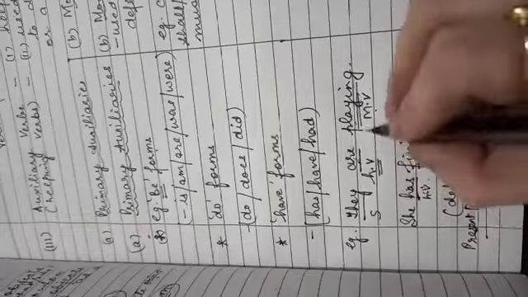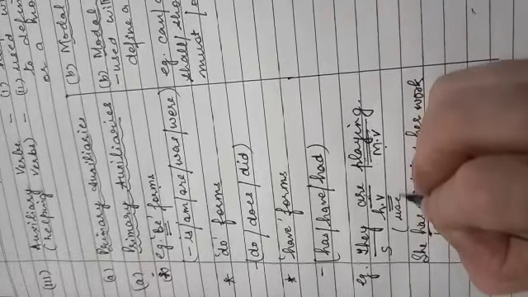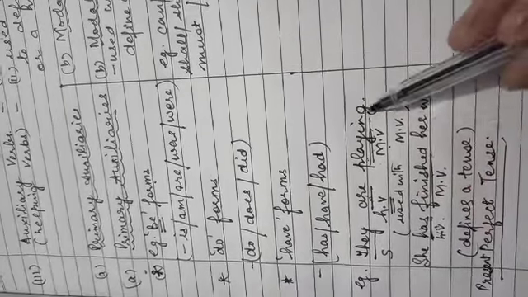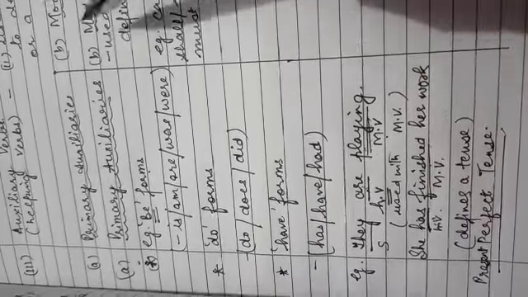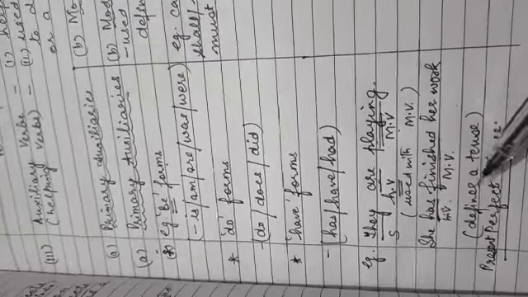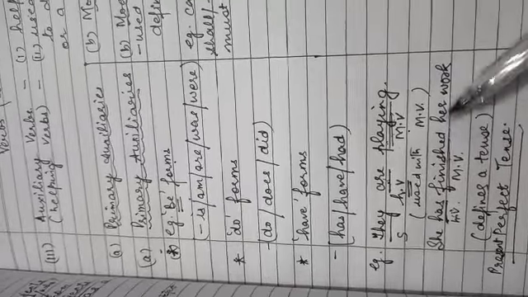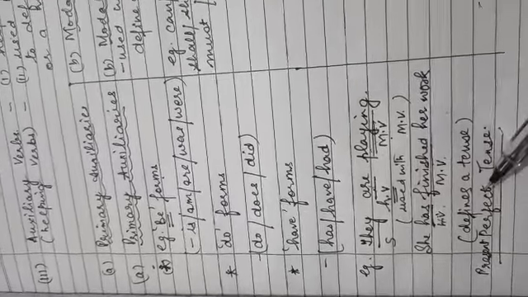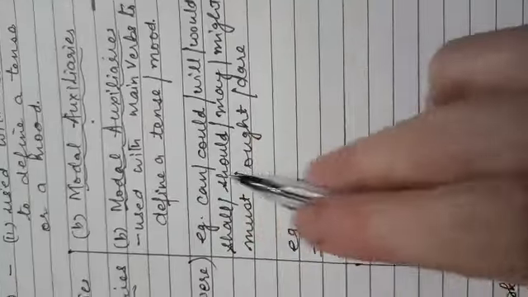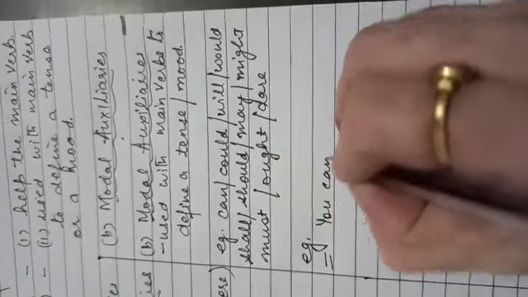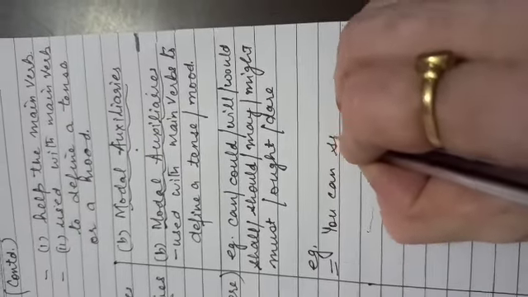Clear? And here it is used with main verb. Hope it is clear to you. Along with the points which you mentioned over here, you can explain the examples. They are playing. She has finished her work. Modal auxiliaries used in a sentence: you can sing.